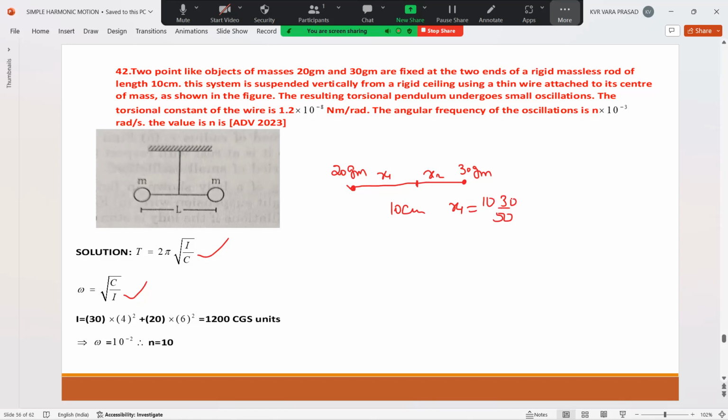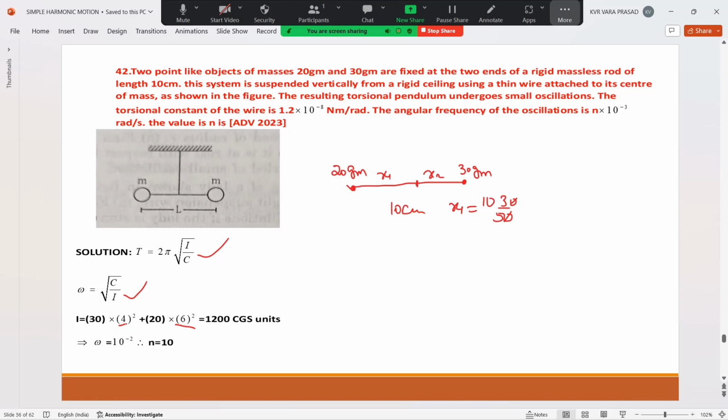Okay, see how much we get. The zeros get cancelled. 30 by 5, that is 6. So 6 from 20 gram. When it is 6 from 20 gram, it is 4 from 30 gram, right?